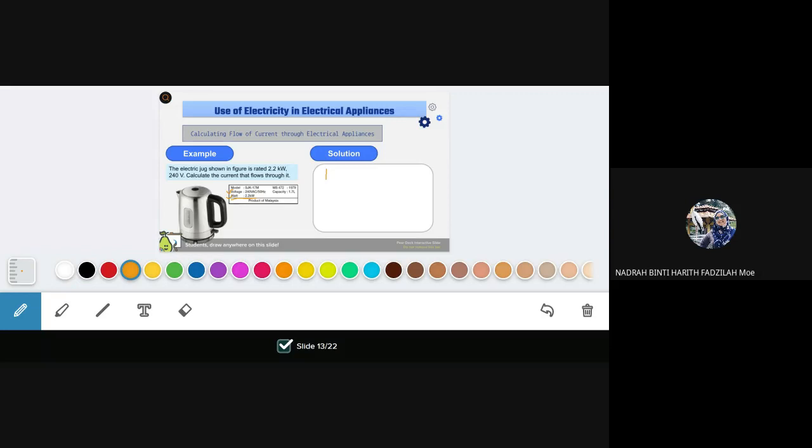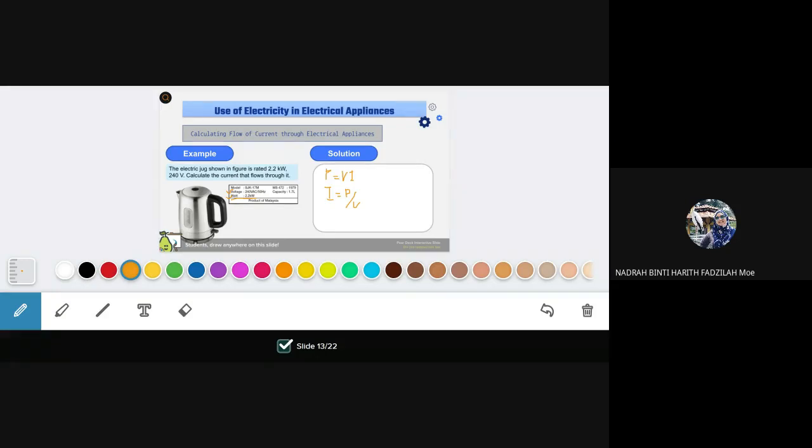So since we know that P equals V times I, yang kita tak tahu ialah I kan. So I equals P divided by V. So remember, the power given here is in kilowatt.